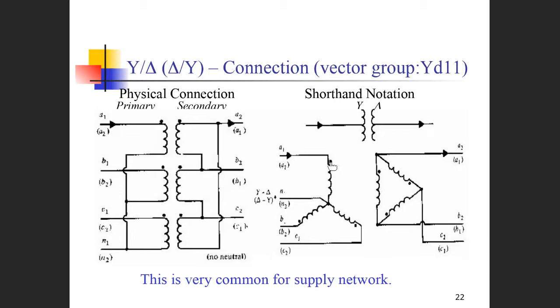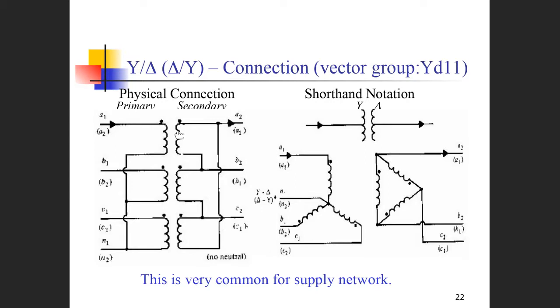So here, once again, the dot of A1 and the dot of B1 represent their polarities. They are in phase. The dot of A1 and the dot of A2 are in phase because they share the same flux, from A1 induced to A2.